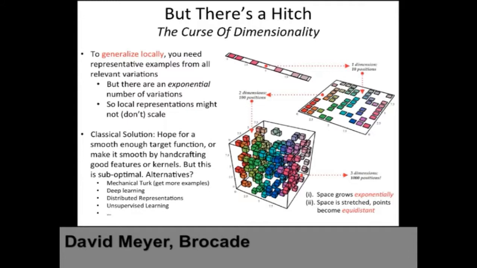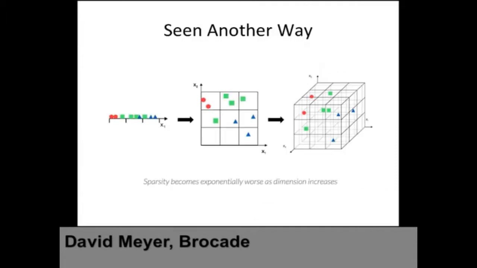You can use deep learning, which is what we are using, and all kinds of other aspects of that. But this is a big problem. You can see it this way: sparsity becomes exponentially worse as the dimensions go up, so things are harder to find. You can just think about it as there's a point somewhere, and as the number of dimensions goes up, you've got to search through an exponential space to find it.